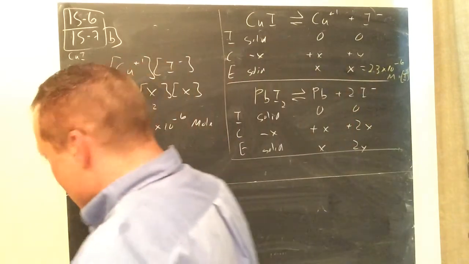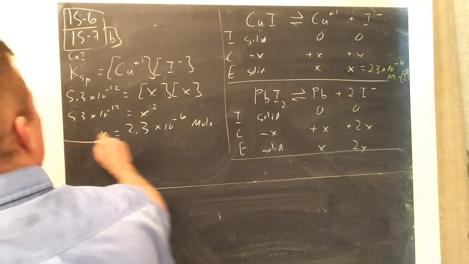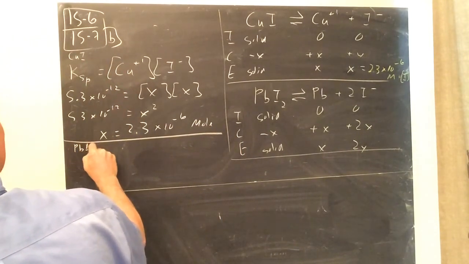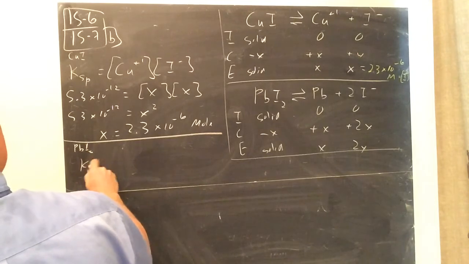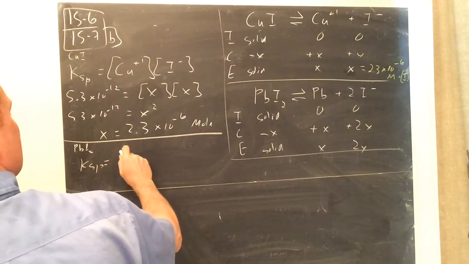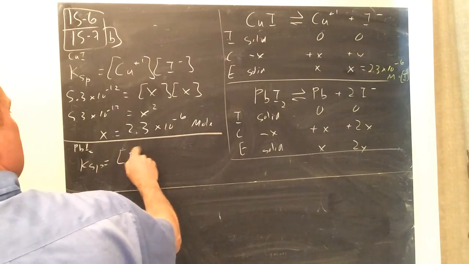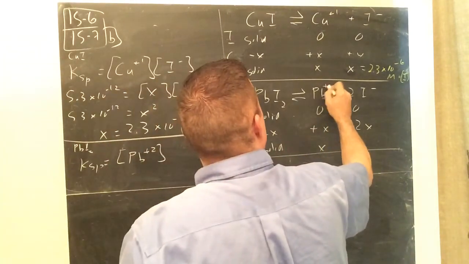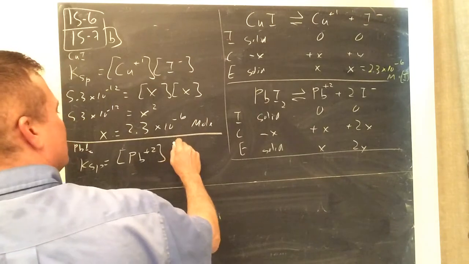Okay. Now, let me do the one for PbI2. So Ksp equals Pb plus 2 times I negative, and square that. I am sorry I left that off of my equation.